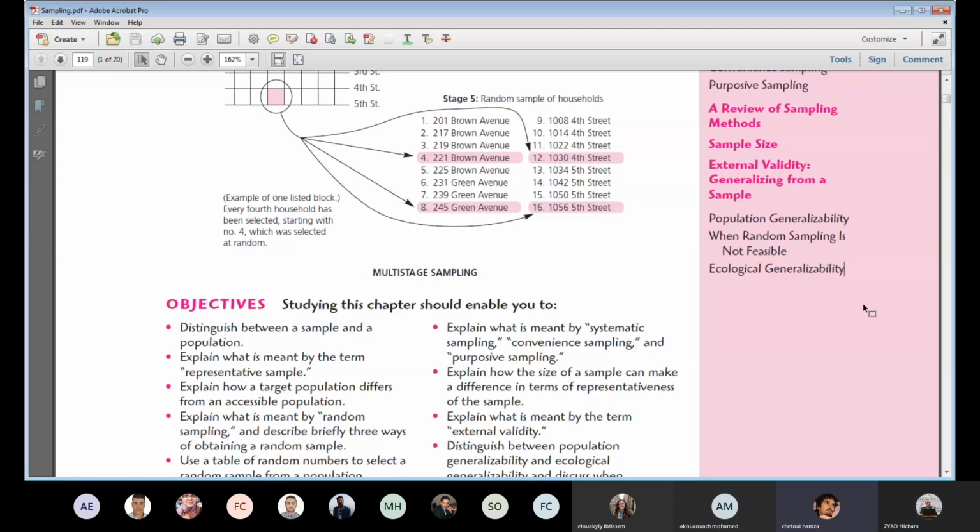Ecological generalizability is whether the results obtained, whether the population generalizability, can be applied to a larger population and to a population where the conditions that were set for the studied population are different.